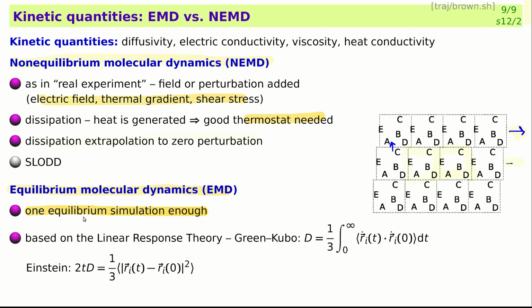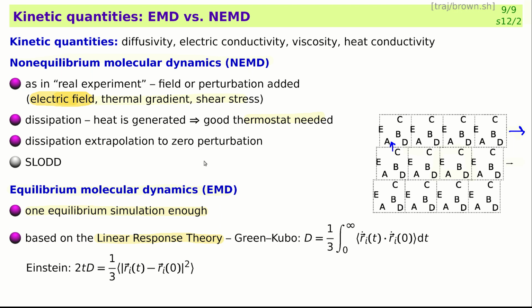What I need is a theory. This theory is called the linear response theory. It is based on the idea that I add a very small perturbation here, a virtual one, and then I sit down and calculate and get a theoretical formula from this infinitesimally small perturbation.